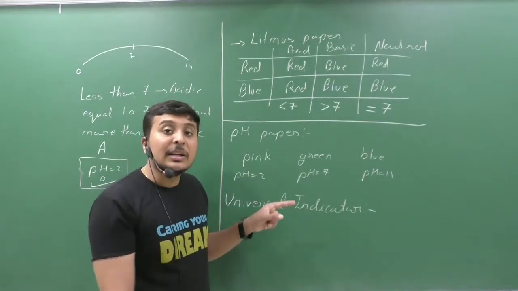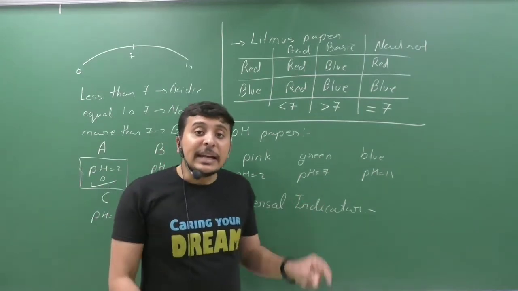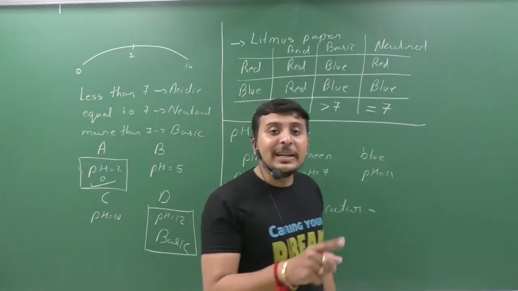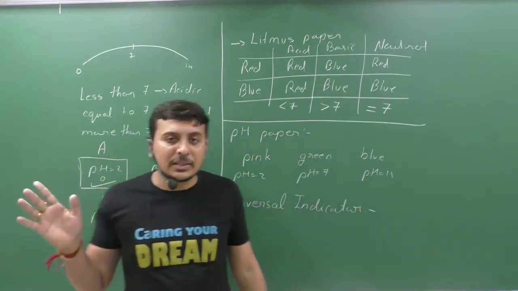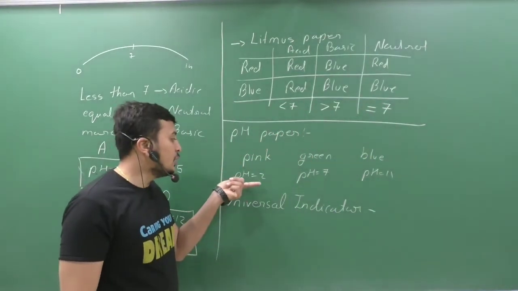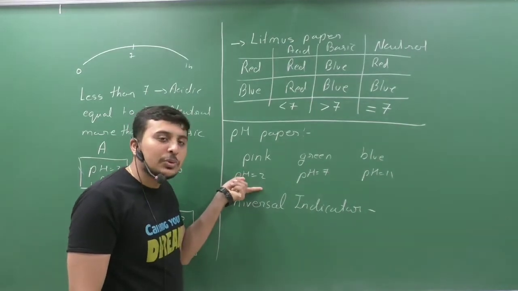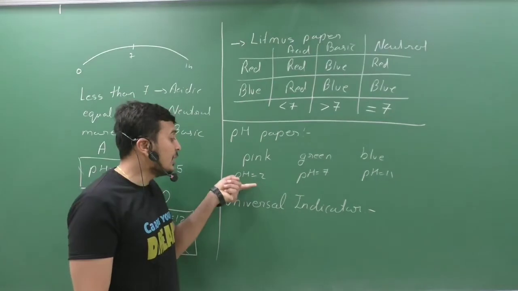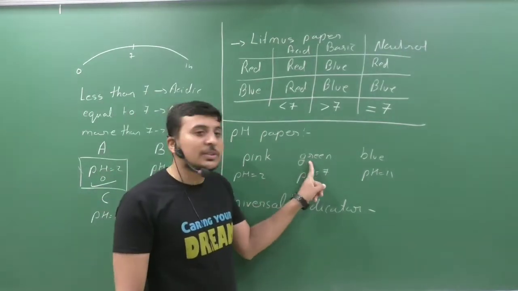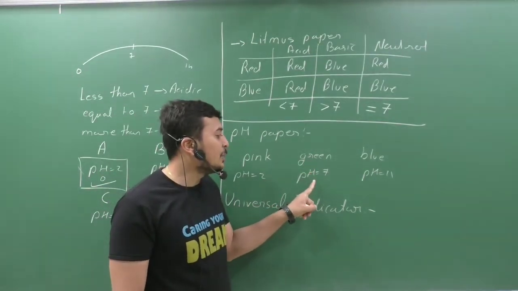Clear? The color of the solution changes, and depending upon the color, we can say that the solution has the following pH. For example, if the color of the solution changes to pink, then the solution has pH 2. If it changes to green, then the solution has pH equal to 7.